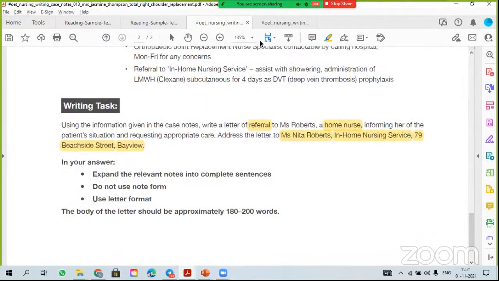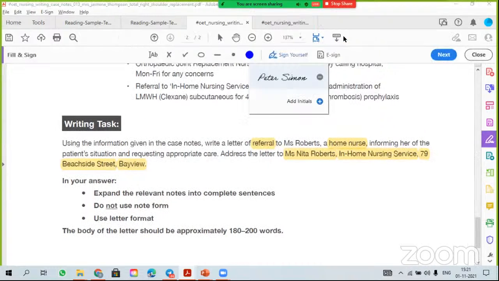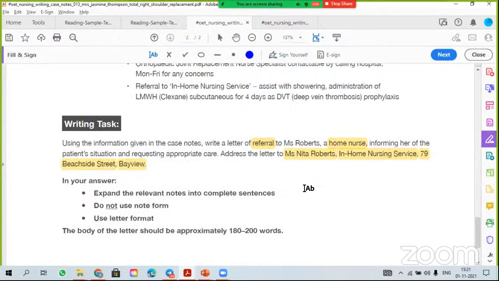So we are going to write the address now. Address is very simple here. So you can take these words from here onwards.